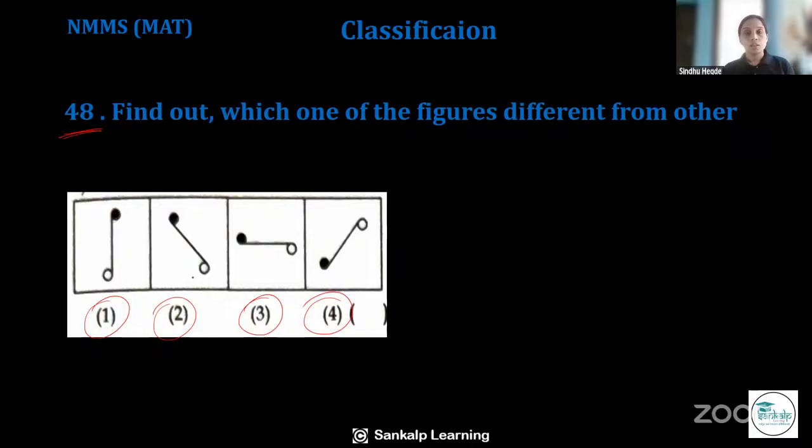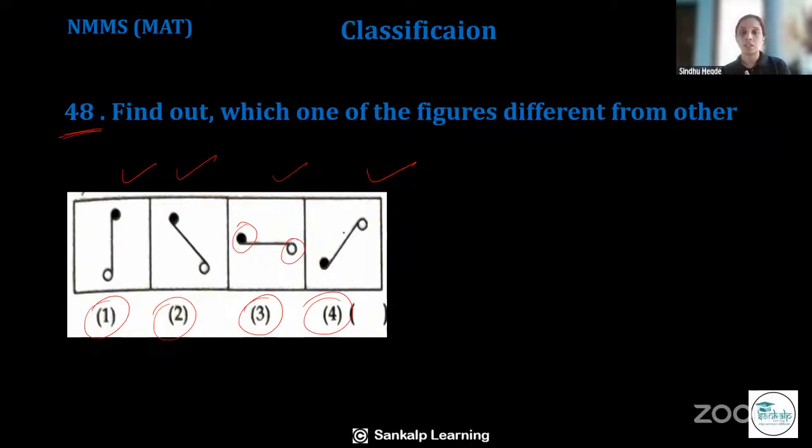So here, see their positions, how they are placed. In figures 1, 2 and 4, the filled circle and the open circle face top or bottom position. Only in image 3 do the filled circle and open circle face left and right.